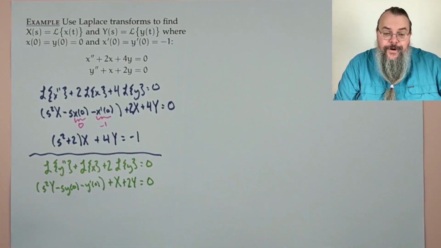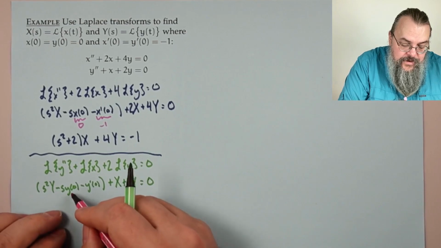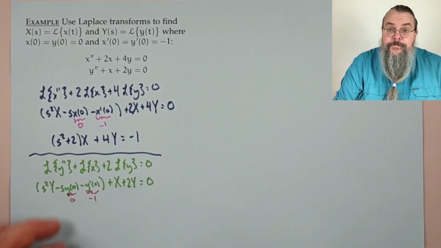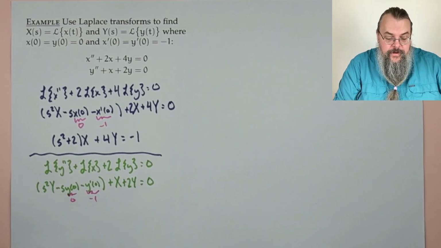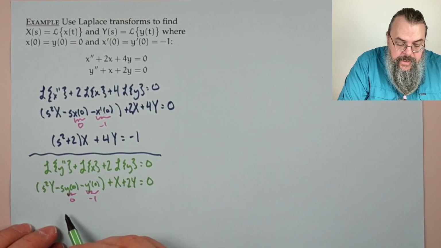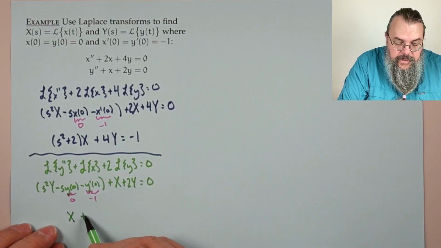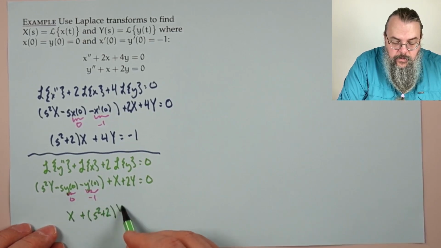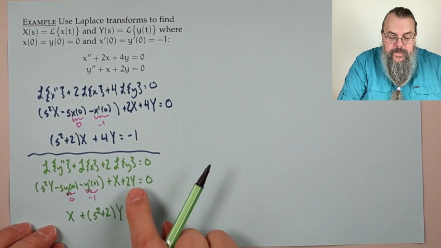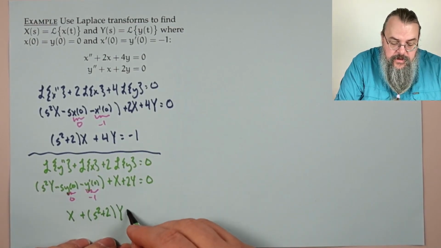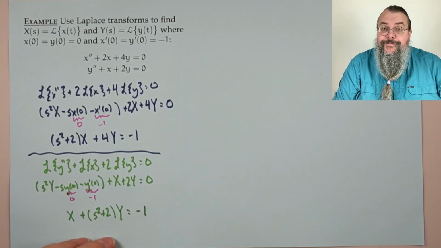But again, we know y of 0 is 0, and y prime of 0 is negative 1. So this becomes what? Well, I'm going to write the x term first, and then we have s squared plus 2y, and then that's going to equal negative 1.